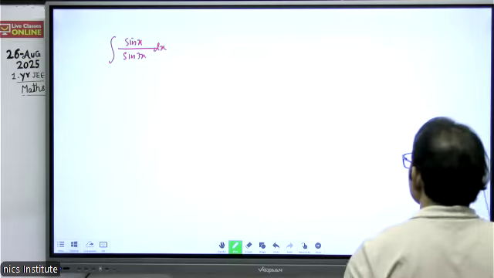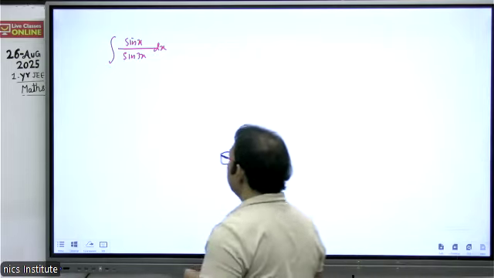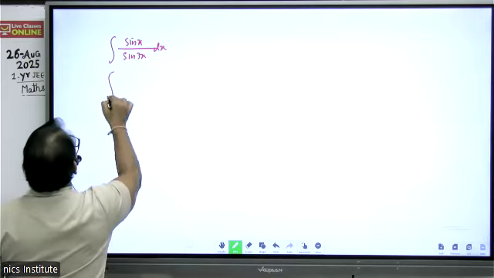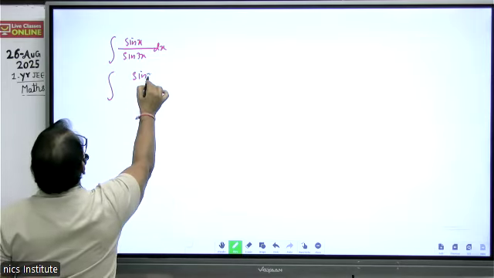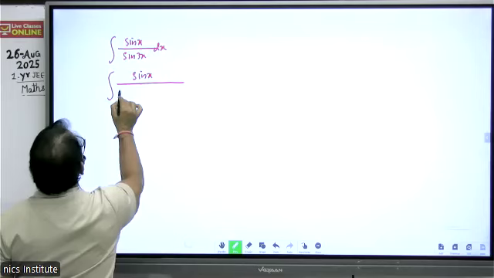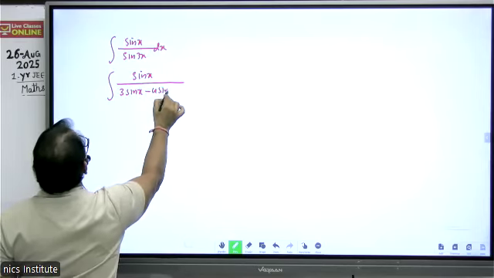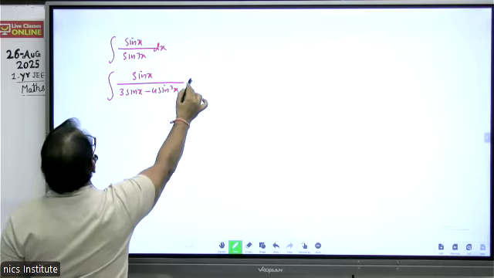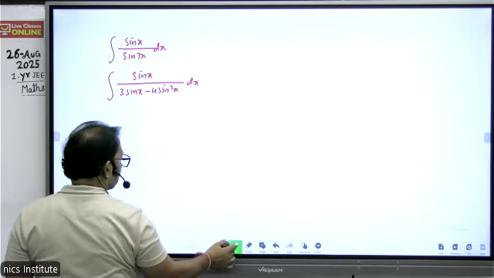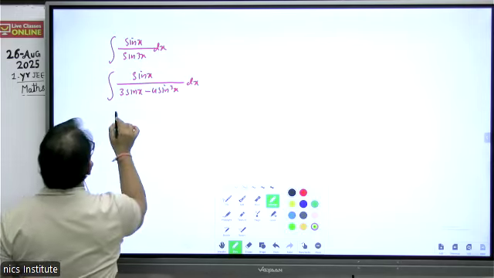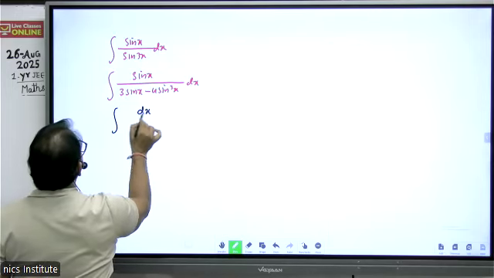Sin x, you can take common from the denominator and cancel with the numerator. 3 sin x minus 4 sin cube x. So after taking sin x common from the denominator, it cancels with the numerator.